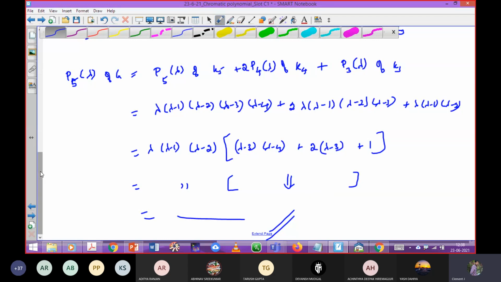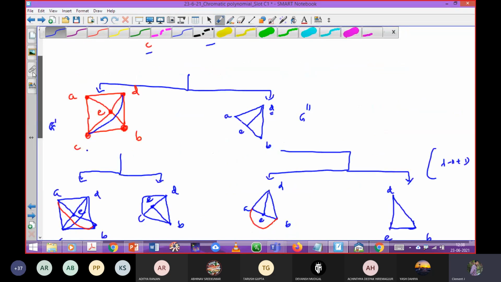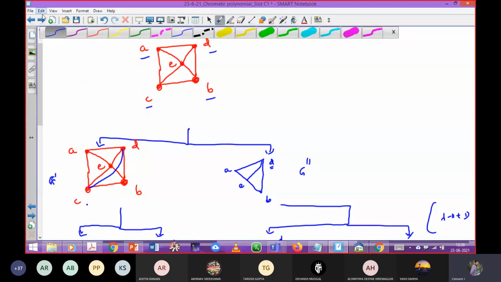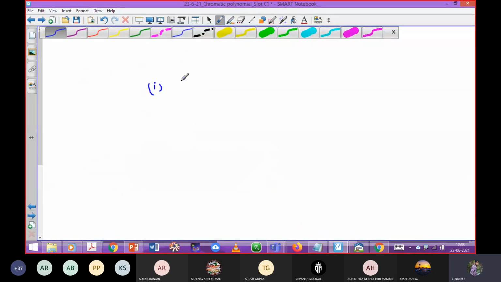To determine the chromatic polynomial, you need to follow the order. Let me summarize the method. First step, you need to take a look at non-adjacent vertices and then create an edge, G dash. Your second step, you need to create a G double dash by merging the vertices.